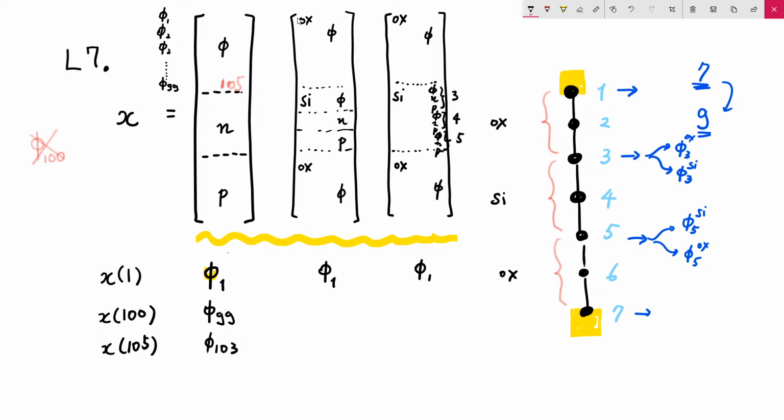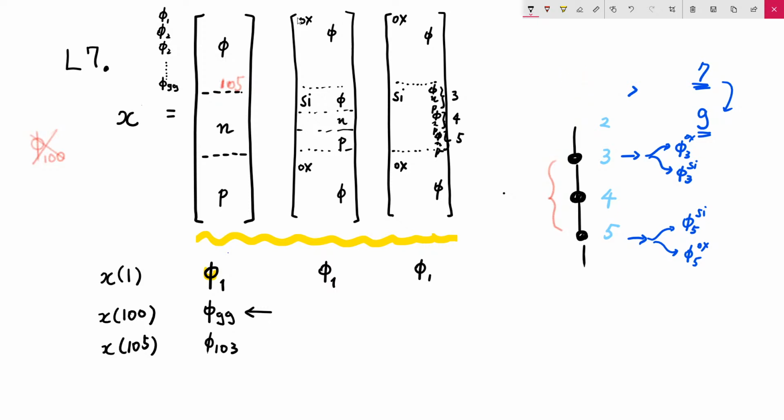Okay, thank you. Mr. Han, you told me the meaning of the 100th element of our x vector, and I'm saying that it should be the 99th point, not the 100th point. Let me draw once again, because I just erased my previous drawing.